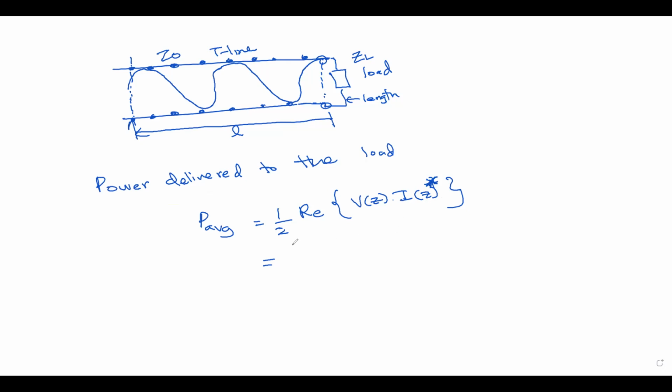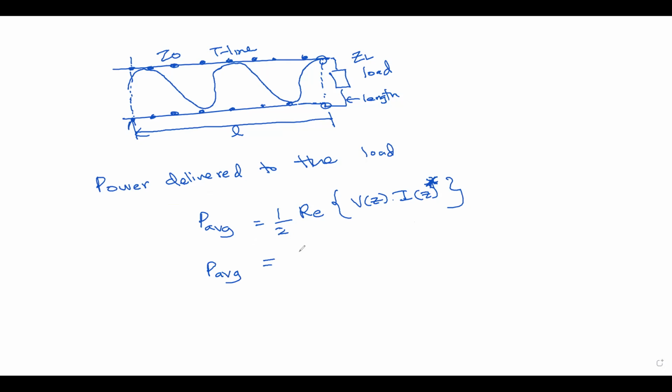So we can take the maximum output obtainable from the voltage and current by multiplying the voltage with the conjugate of the current. Then we can denote this equation in different manners.